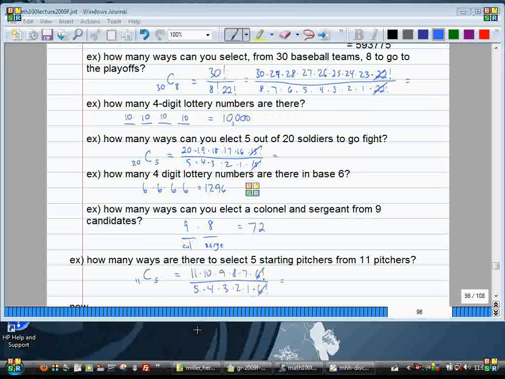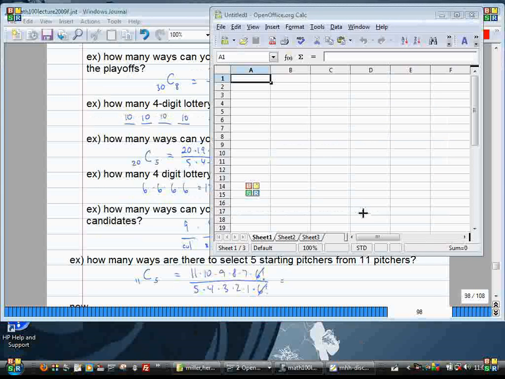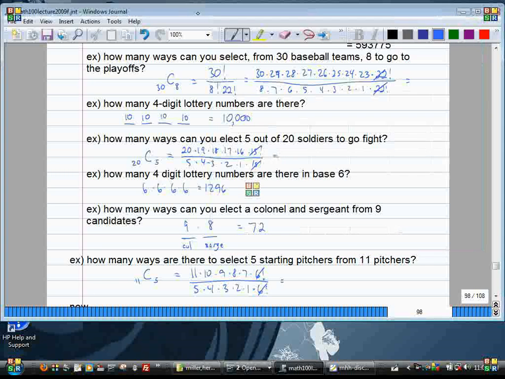So this equals 11 times 10 times 9 times 8 times 7 divided by 5 times 4 times 3 times 2 times 1. That gives 462. There you go.